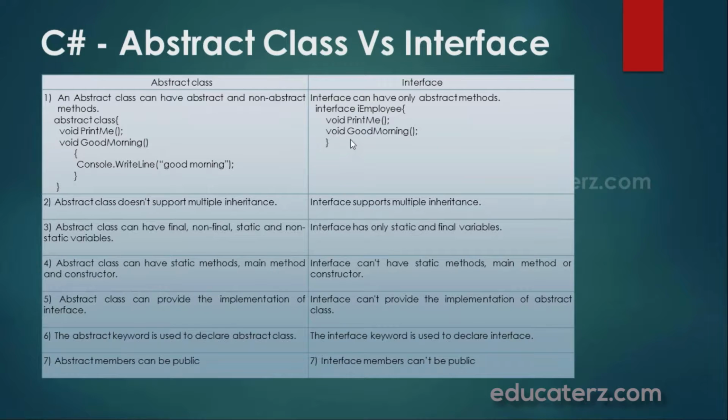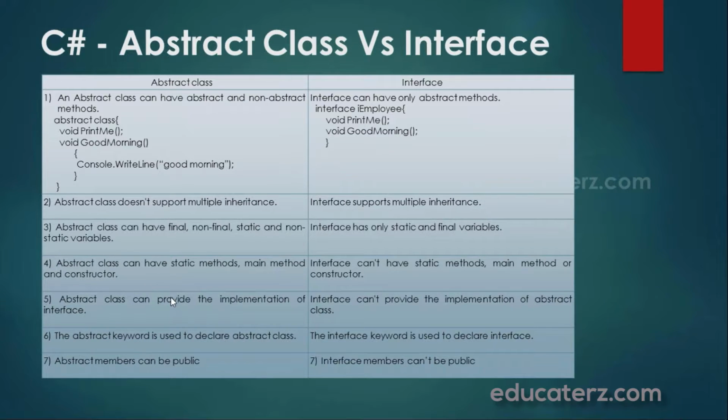Abstract class or interface is to be treated as a base class or parent class. We cannot do anything with this interface or abstract class unless you inherit that abstract class or interface.